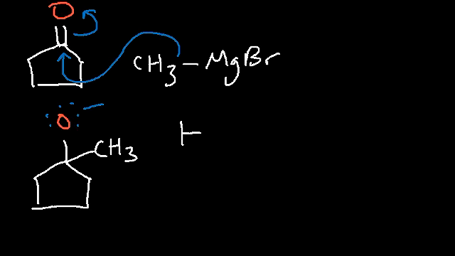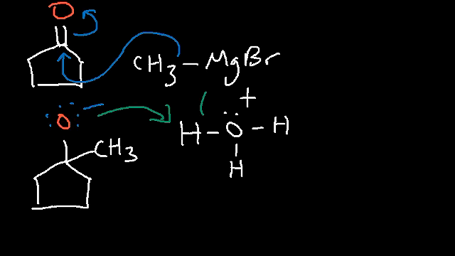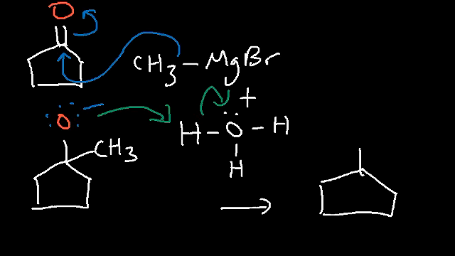Now in the last step, the oxygen with the negative charge is going to grab a hydrogen from H3O+, giving us the product. As you can see, the mechanism is fairly straightforward. There's not much to it. So that's how you can convert a ketone into an alcohol with the addition of an R group.